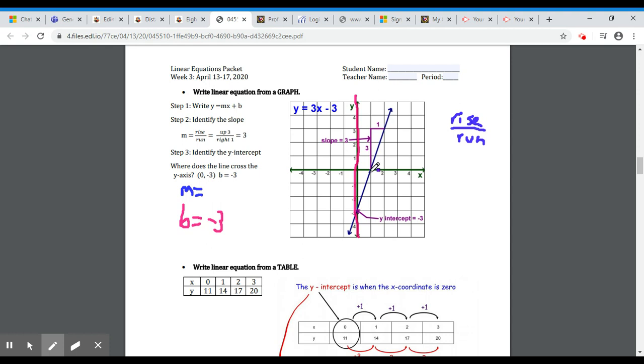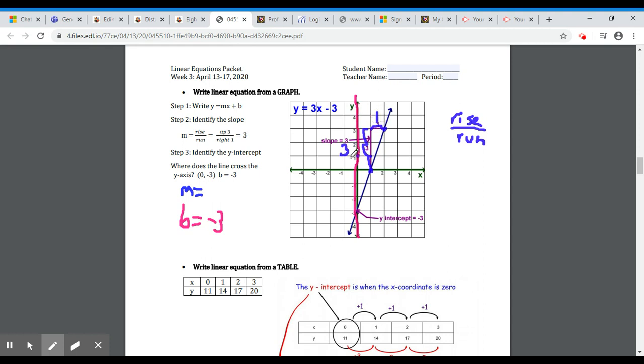In this case, they used this point right here and this point right here. And again, it doesn't matter which 2 points as long as they're perfect points, as long as they intersect exactly. And then I'm going to count my rise. 1, 2, 3. So my rise is 3, and my run is 1.